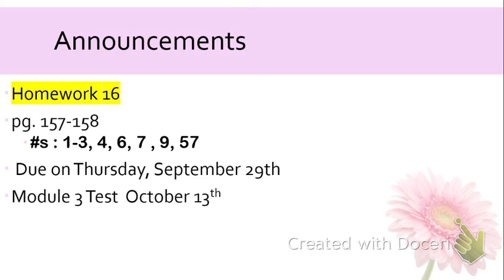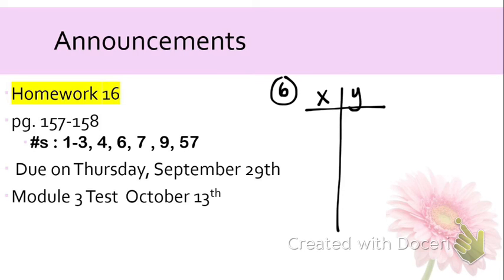So I need somebody to find the axis of symmetry for question number 6, and we're going to build our graph out. Now you are going to get a decimal. I don't want you to think it's wrong.